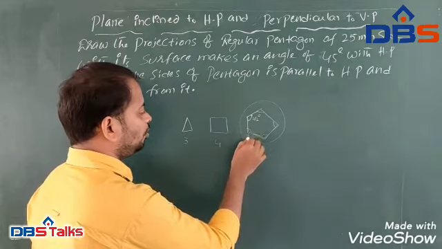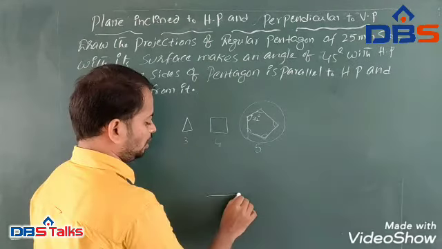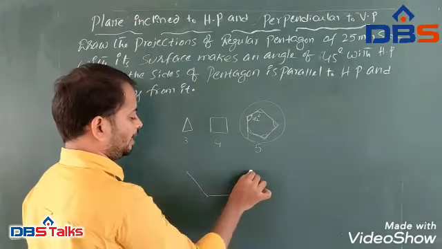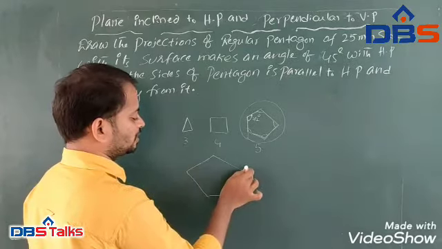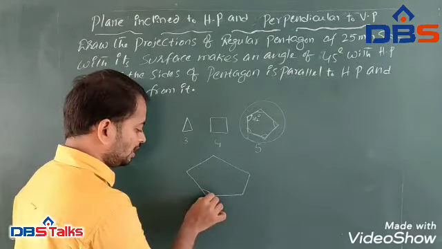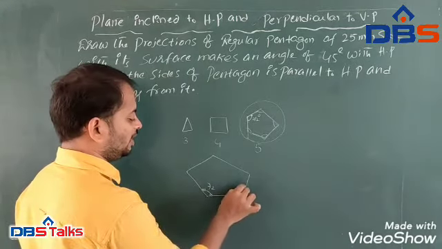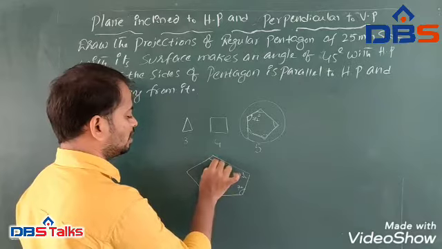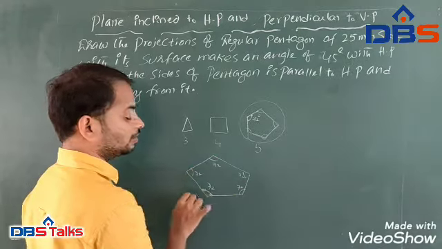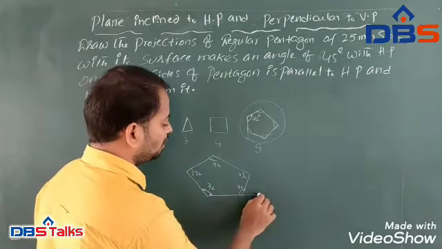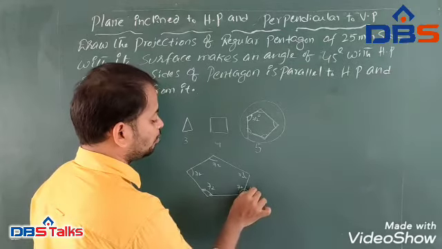Here is a pentagon with equal sides. The inner angle is 72, here also 72, 72, 72. When it comes to the outer angle, it is 108.